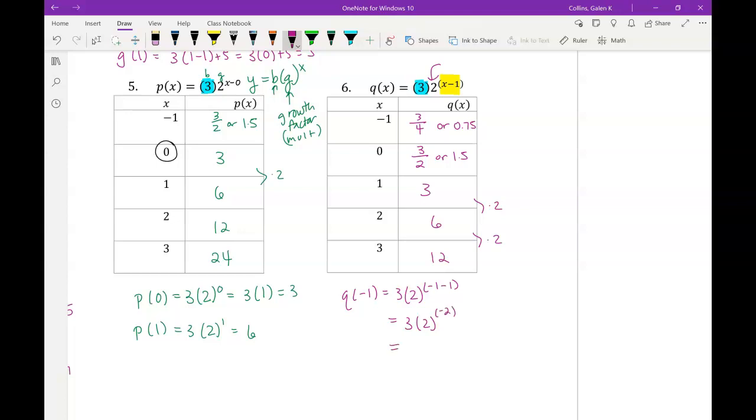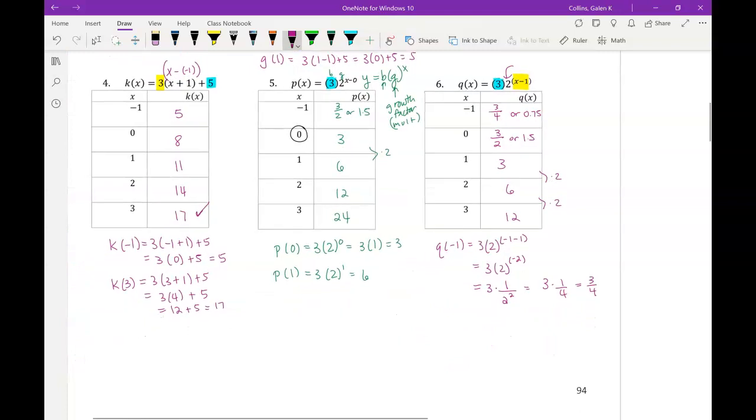And then I would need to remember that that is the same as 3 times 1 over 2 to the power of +2. So that is 3 times 1/4, which is 3/4. So we can evaluate this equation to fill out this table as well. And there's not really a right or a wrong way, but sometimes I like to try one method and check it.